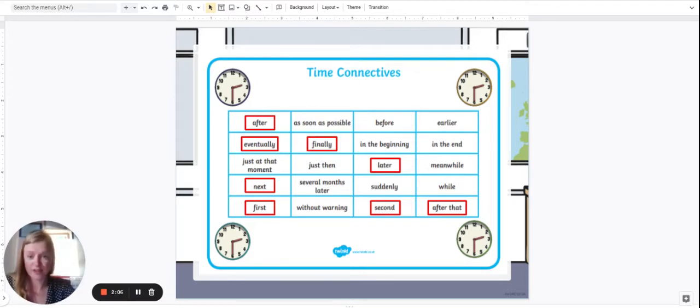For example, we have first, second, next, after or after that, later, and we'll usually sum up or finish off our instructions with eventually or finally and give the reader an idea that they've come to the last step and that they should be close to getting what they had set out to get, whether it's a pizza out of the oven or a finished smoothie, or that they now know how to play a game that we're instructing them on how to do.